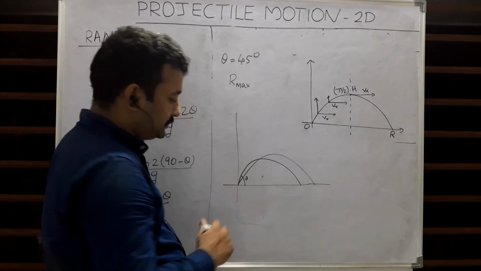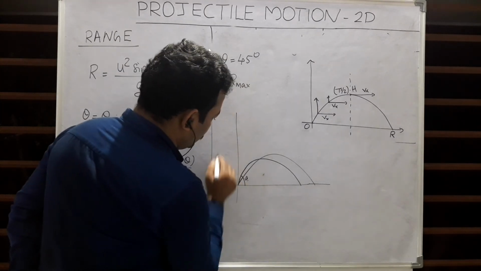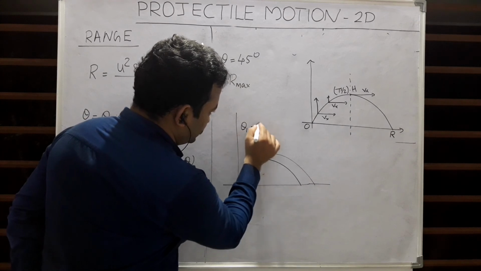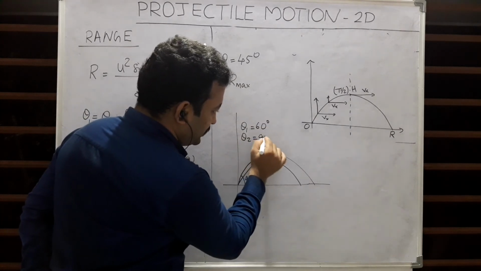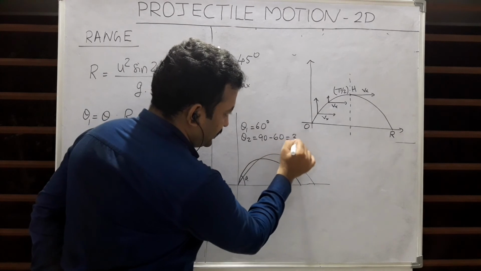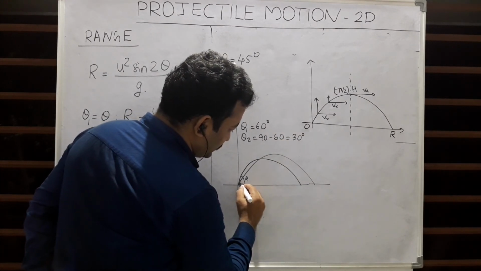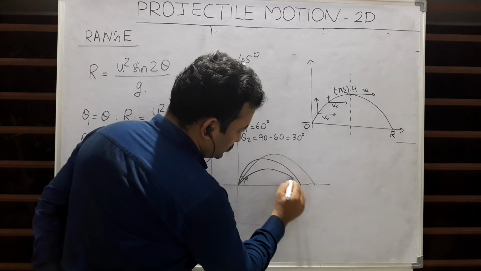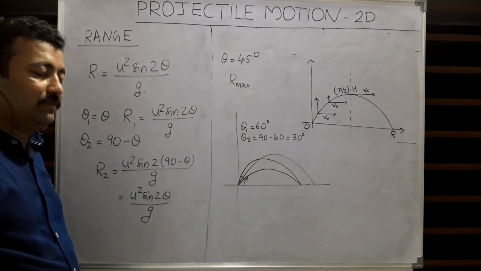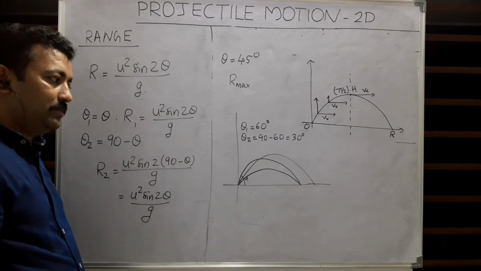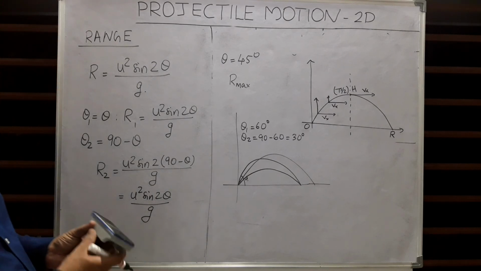So 90 minus 60 will be 30 degree. If theta 2 is chosen as 90 minus 60, that is equal to 30 degree, the projectile will be projected somewhere like this. This also should give the same range. So for theta 1 and theta 2, we are getting the same range values. So that is another observation for range.